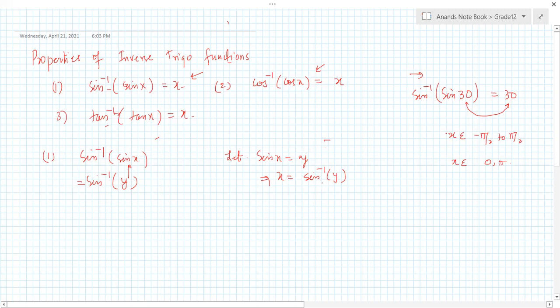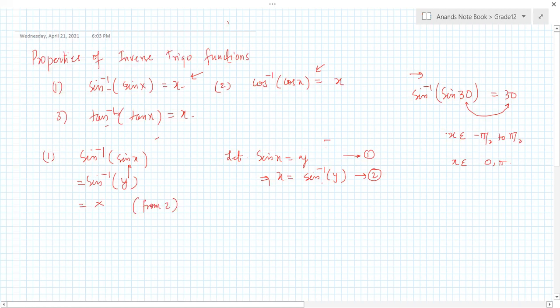But what is sine inverse of y? Sine inverse of y is nothing but x. Are you following this, guys? Yes, sir.